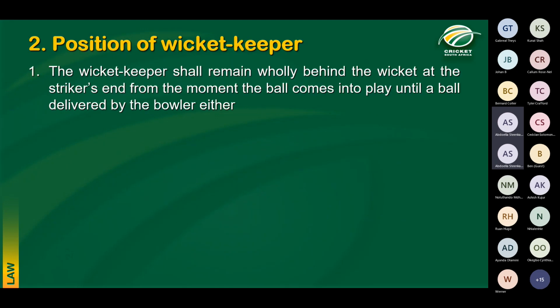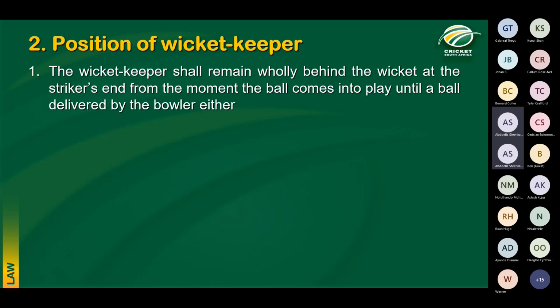When it comes to the positioning of the keeper, the law guides us here that the keeper shall always remain behind the wicket from the moment the ball comes into play until the ball is delivered by the bowler.